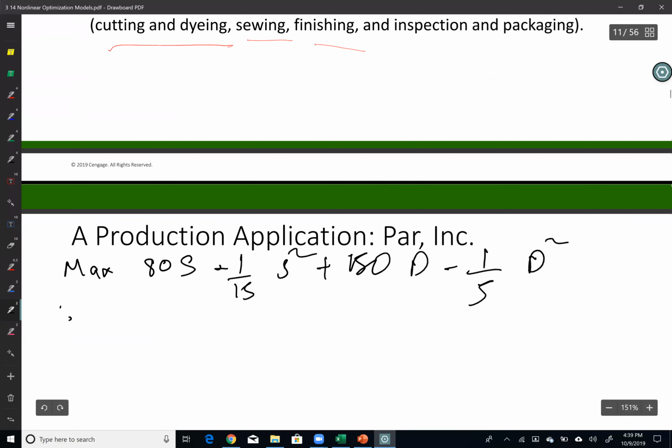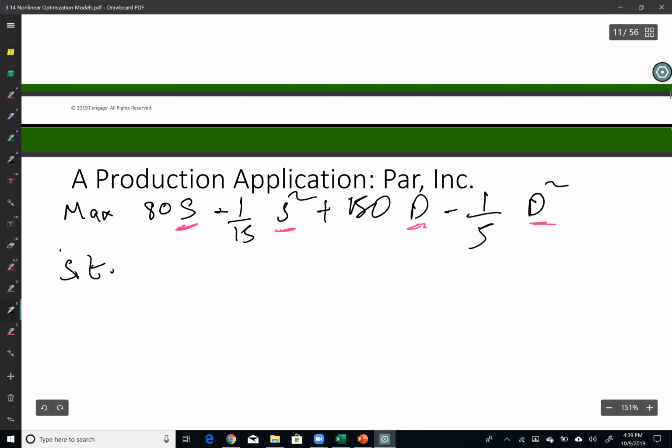And subject to, again, my decision variables are S and D here. And subject to the constraints that I have here for the departments.